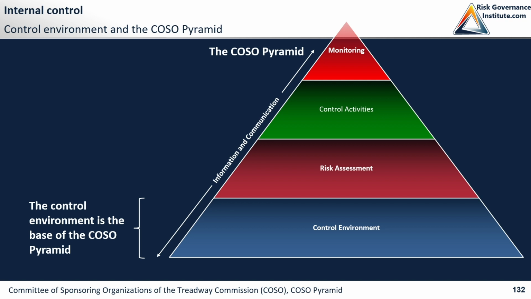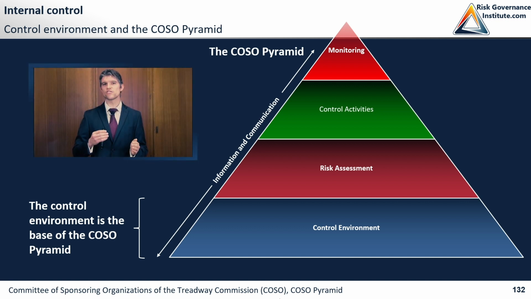What COSO is trying to show by this is that the control environment is extremely important to all the other steps in the pyramid. Remember that the control environment is a lot more soft things than what you'd purely see in a control. Like it's not something that I could necessarily sign off on.